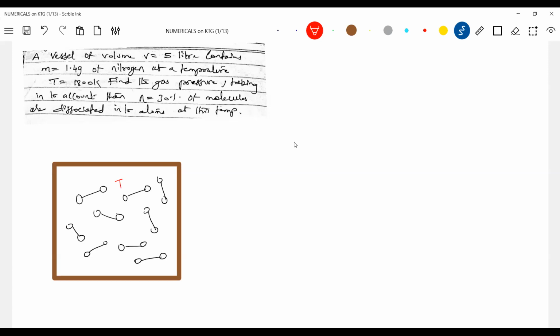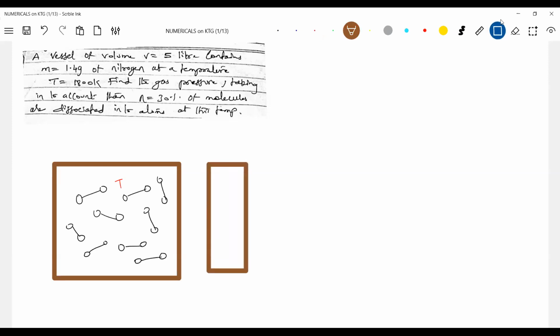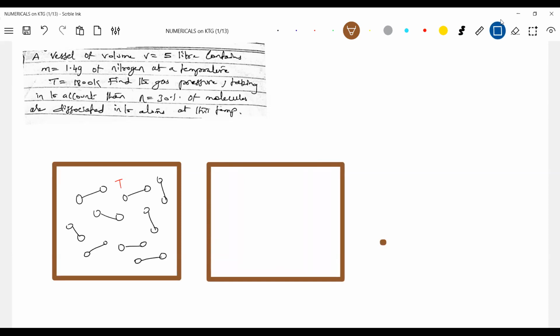Now 30% of molecules are dissociated into atoms. 30% are dissociated into atoms. What do you mean by atoms here?